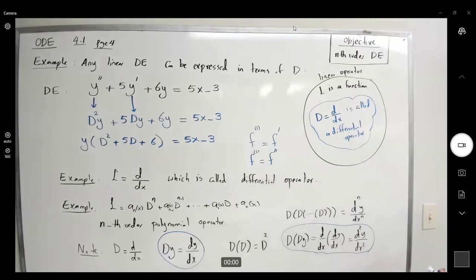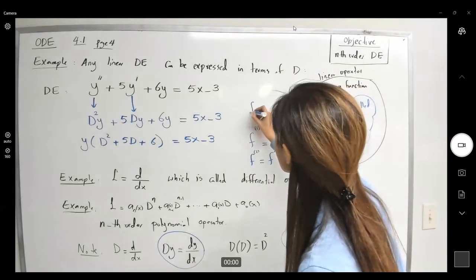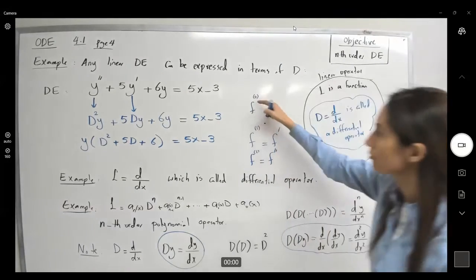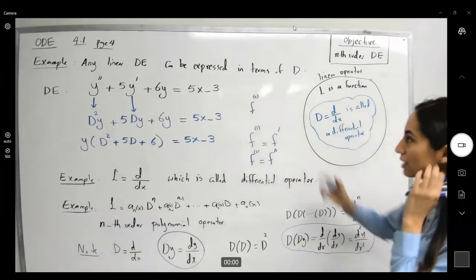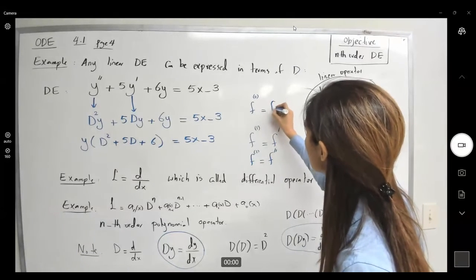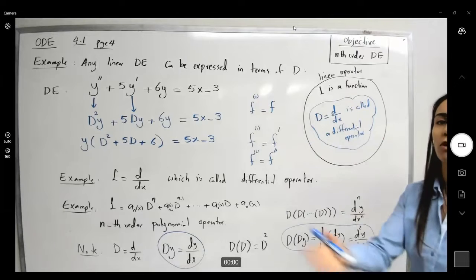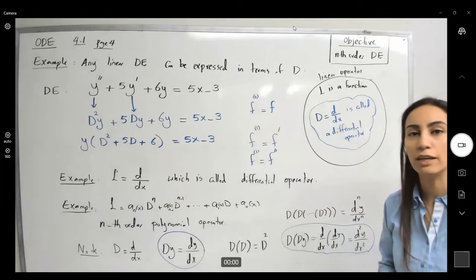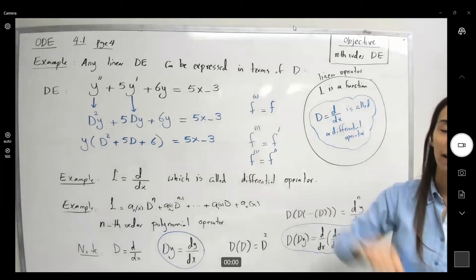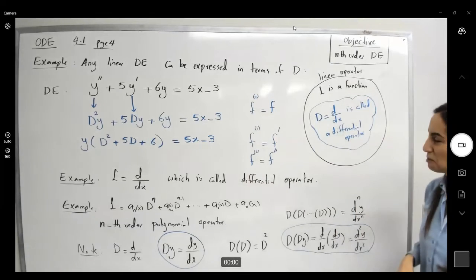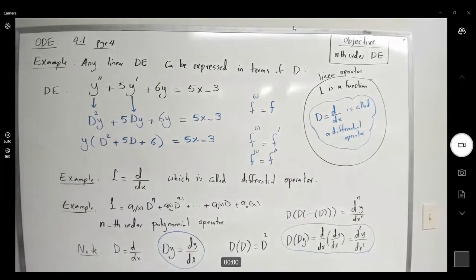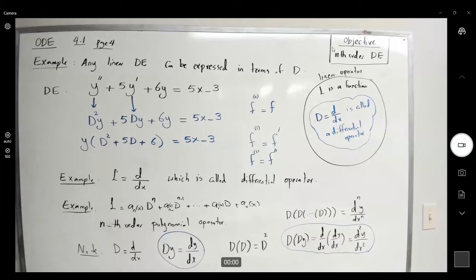But if I don't take any derivative, the zeroth derivative, what's the meaning of that? It means that you get your function back. So your operator to the power 0 doesn't do anything. If you apply that to any function or any variable that is dependent on another variable, you get that variable back. Very good.